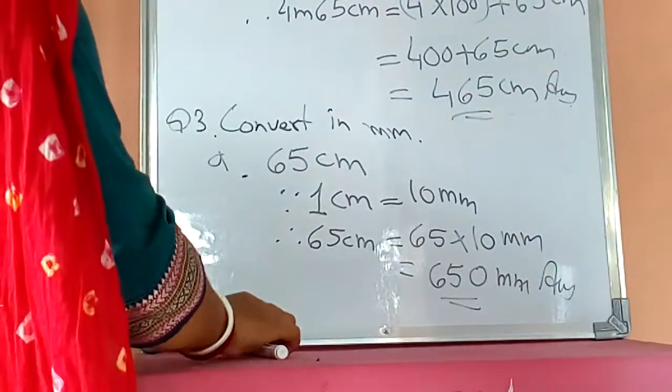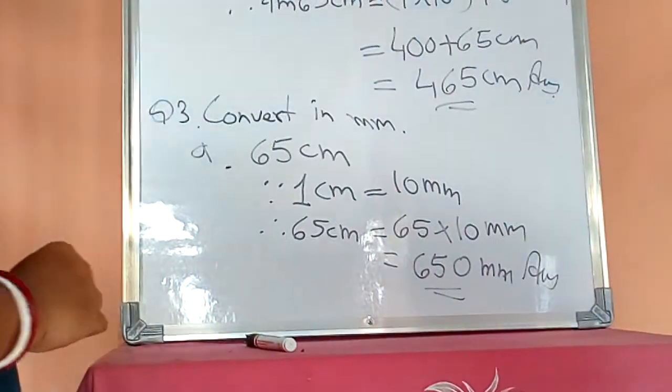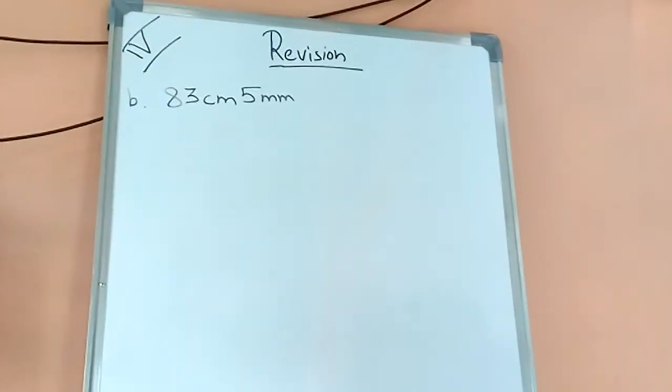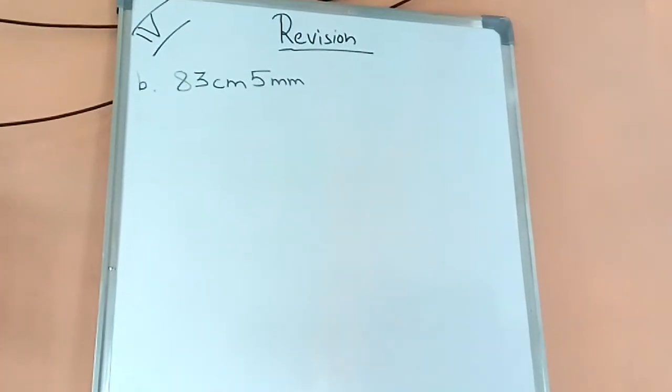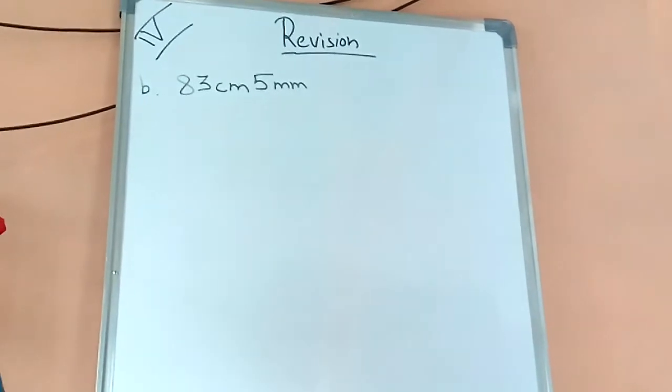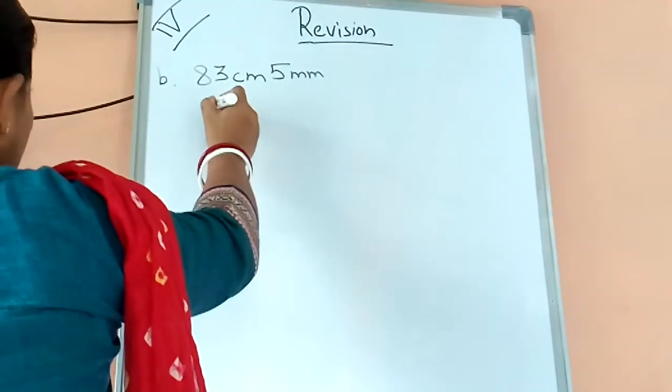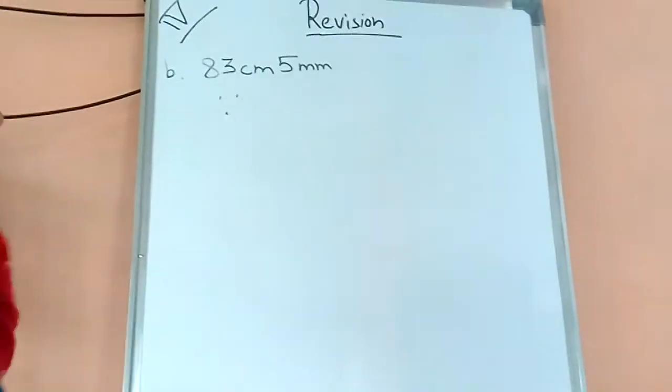Now one more question we will do for millimeter. Now question B. It is given 83 centimeter and 5 millimeter. Again 2 units are given. So you will change only the centimeter part.